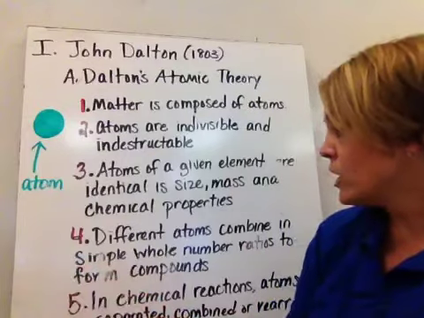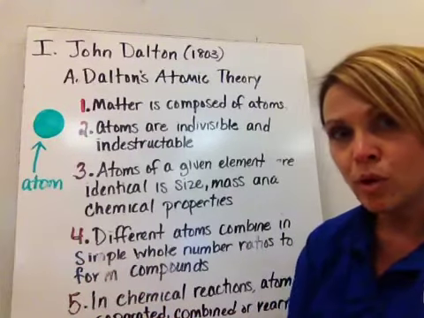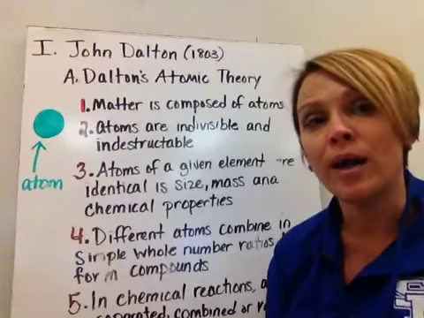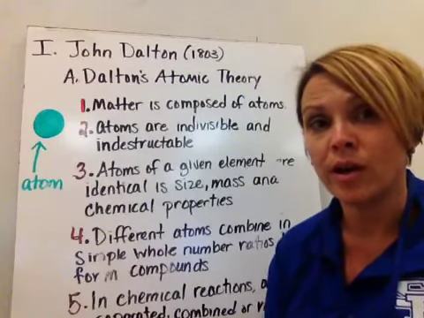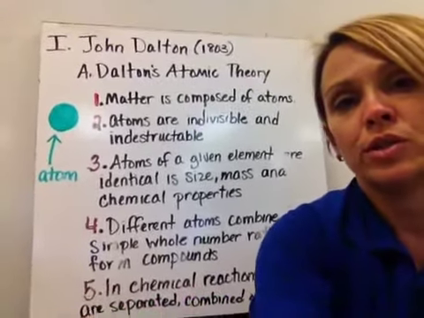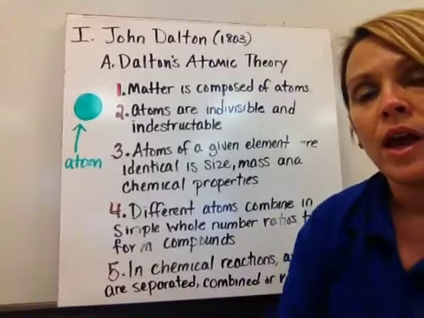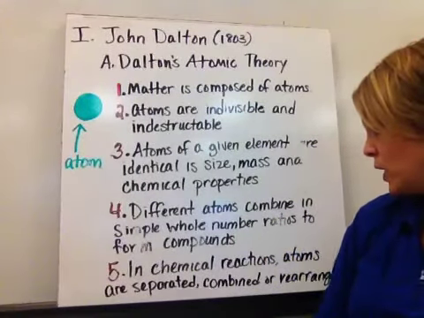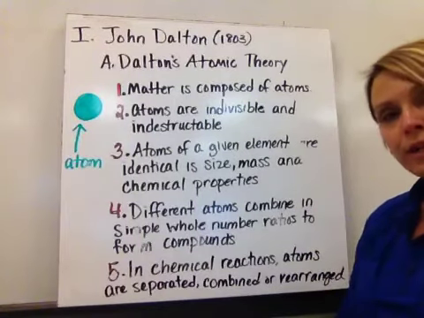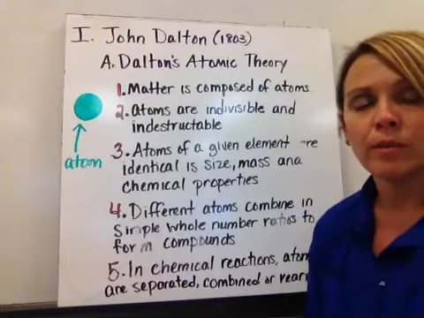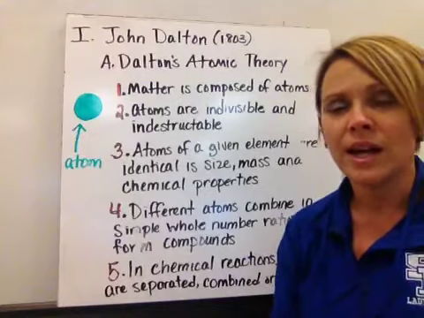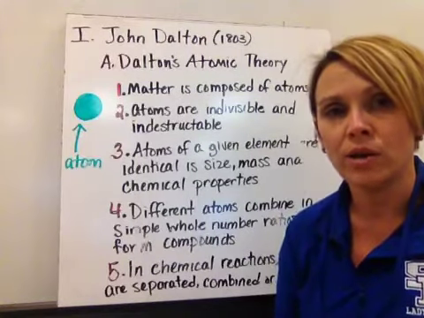And then number 4, different atoms combine in simple whole number ratios to form compounds. We'll talk more about that specifically when we start talking about chemical reactions. And then the 5th part, which I'm going to have to adjust here a little bit so you can see, says that in chemical reactions, atoms are separated, combined, or rearranged. So those 5 parts are the parts of Dalton's atomic theory that kind of set the stage for how the model has evolved over time.